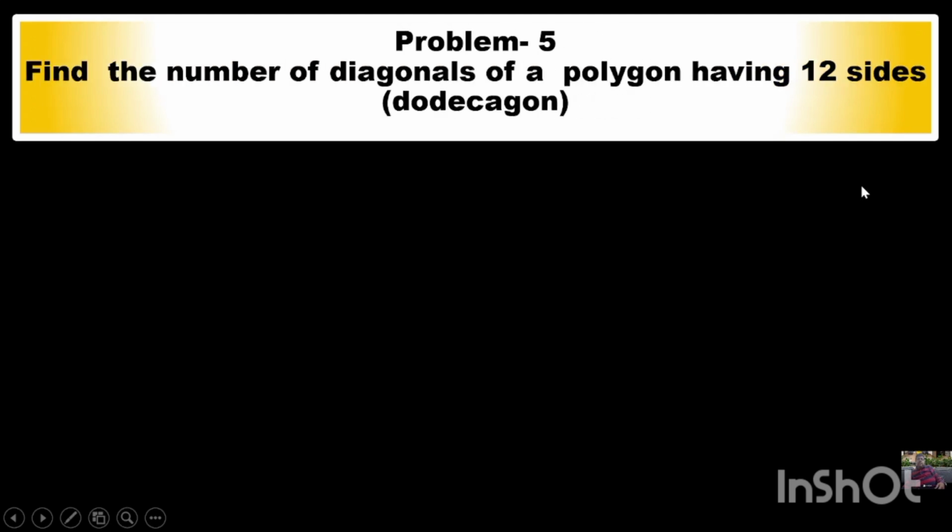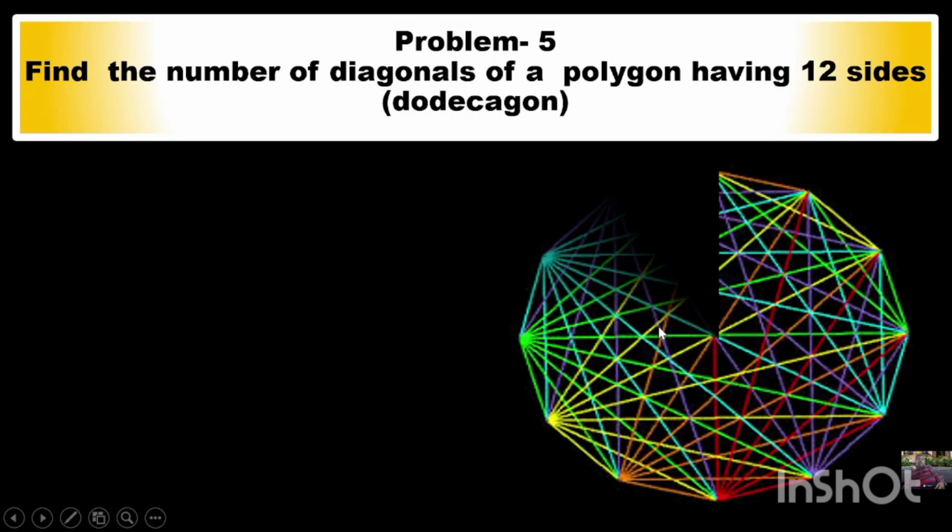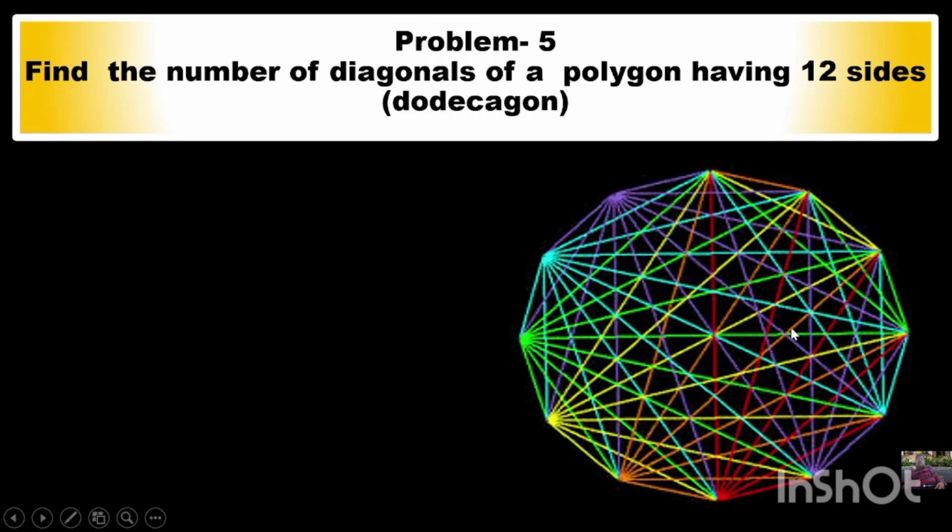So here the total number of sides is 12, a dodecagon, and we have to find the number of diagonals. You see such an amazing figure and diagram, design for you. Okay, so beautiful and so nice the diagram.